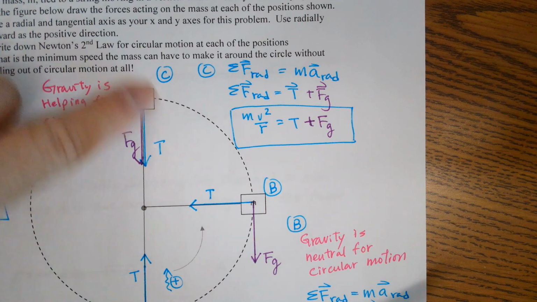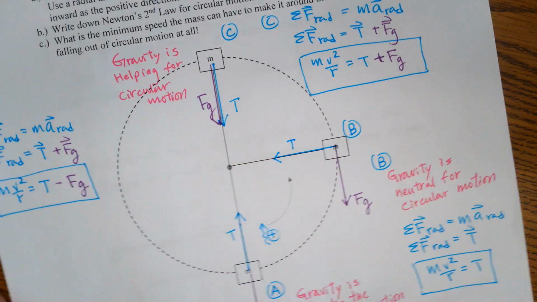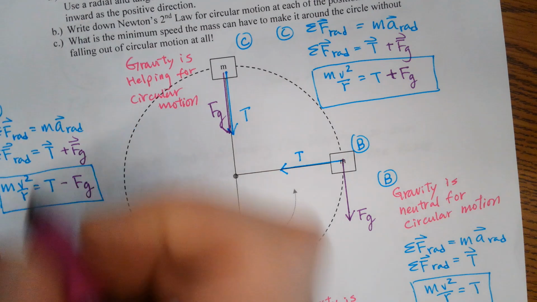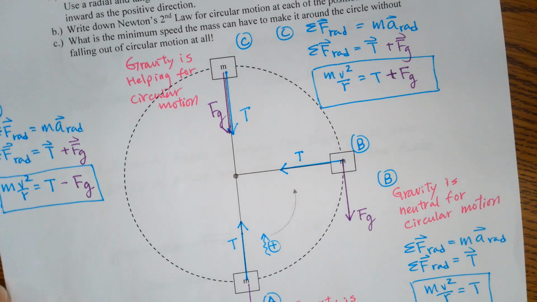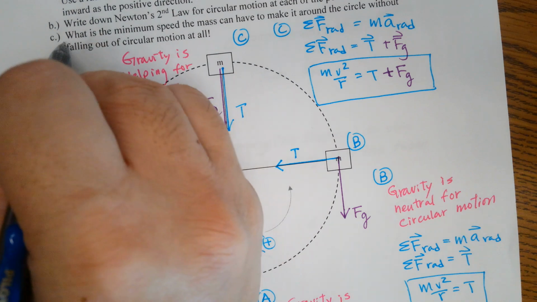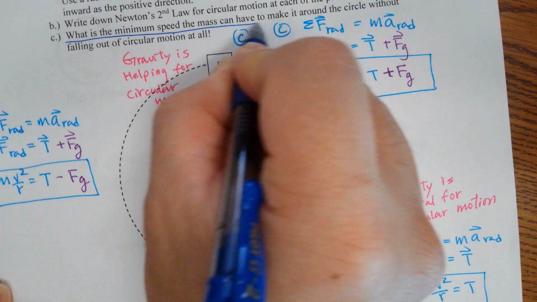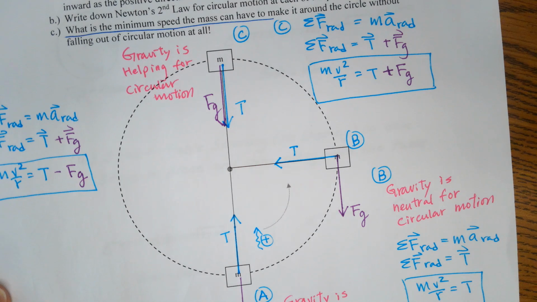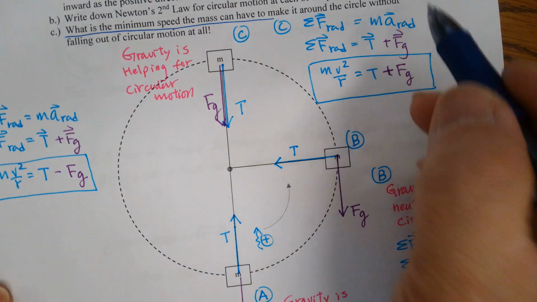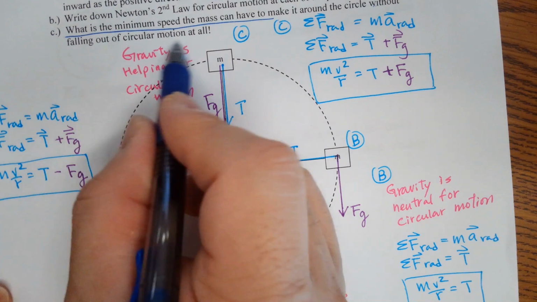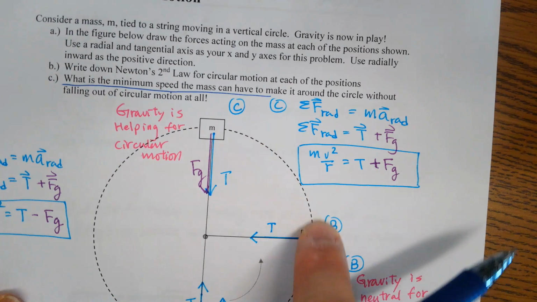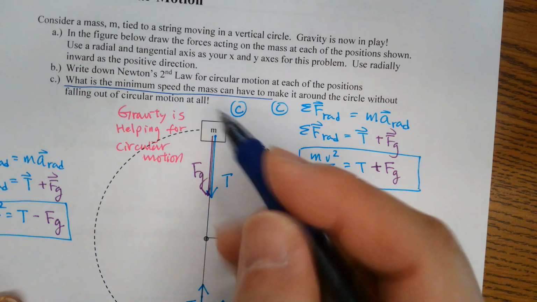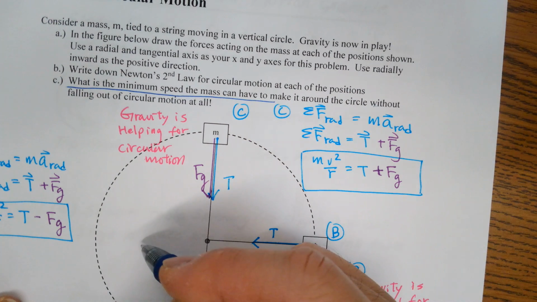So what's the minimum speed required for the mass to go around in a circular motion without falling out of the circular motion at all? If you're going a little too slow, right around here it's going to flop out and go this way.